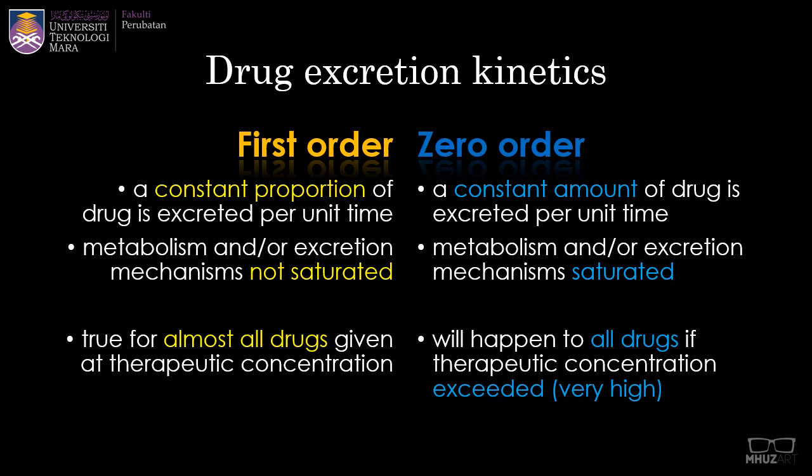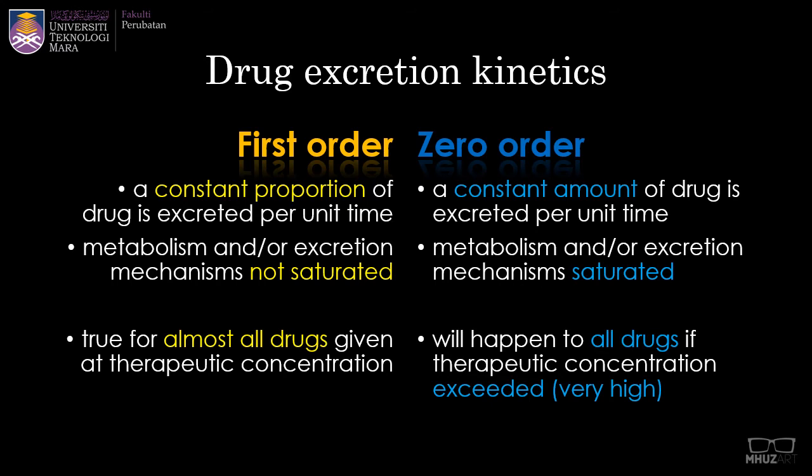For first order kinetics, almost all drugs given at their determined therapeutic concentration will follow first order kinetics. So as you increase the concentration of the drug, the rate of excretion increases. However, for zero order kinetics, except for some exceptions, some drugs, even given at a therapeutic concentration, will still follow zero order kinetics.